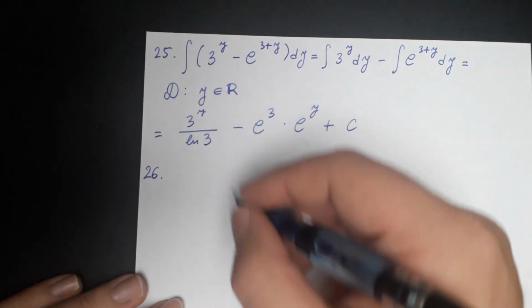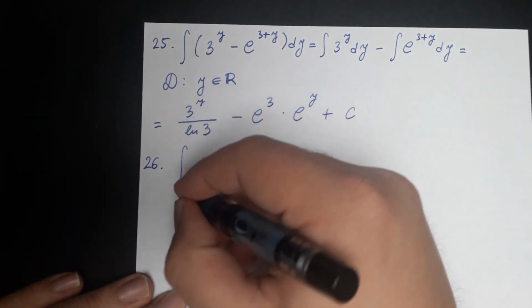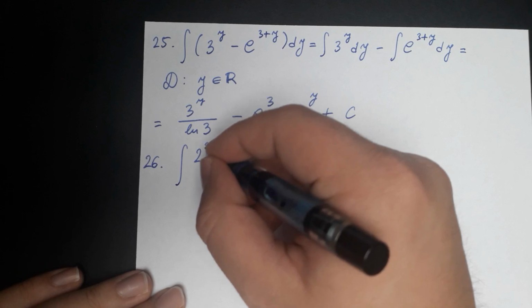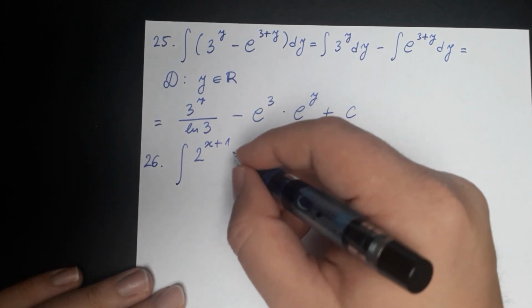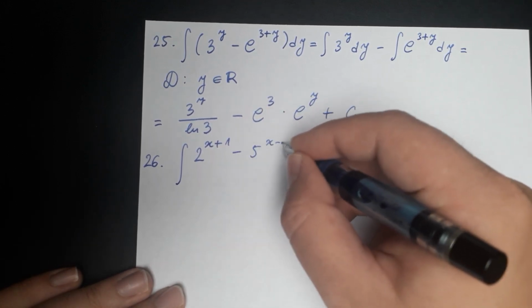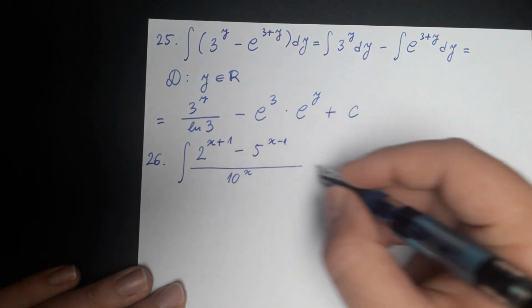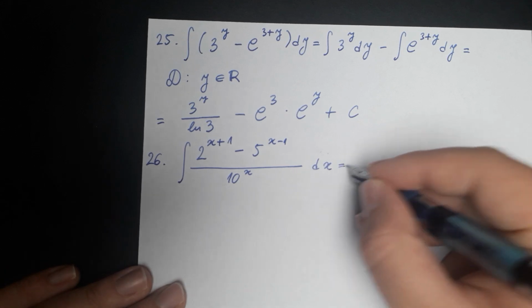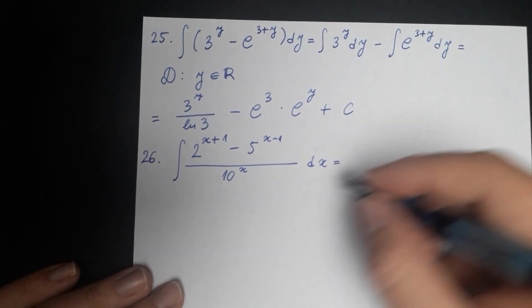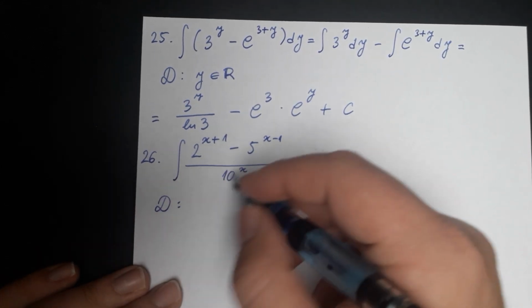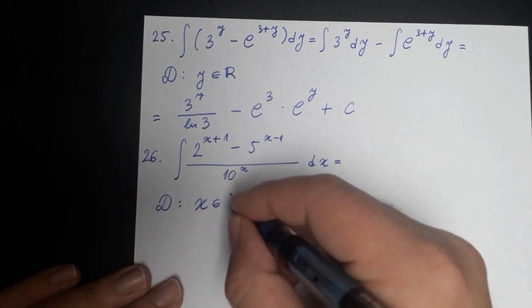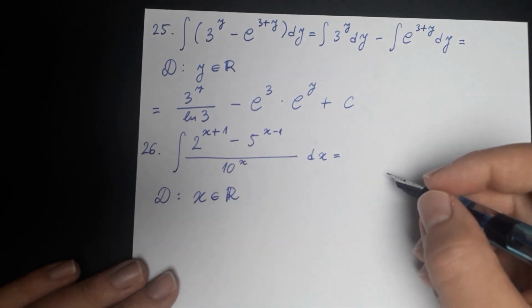Number 26 on our list is the integral of 2 to the power x plus 1 minus 5 to the power x minus 1, divided by 10 to the power x, dx. First, the area in which it is defined is all x which are real numbers.